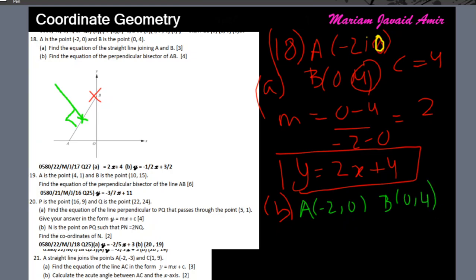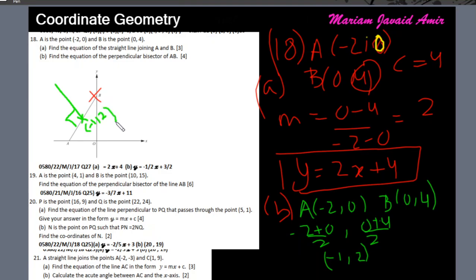Not the center, center is not the right word, midpoint. So we're looking for the midpoint of AB, that would be minus 2 plus 0 over 2 comma 0 plus 4 over 2. So this would be minus 1 comma 2. So this is point minus 1 comma 2.